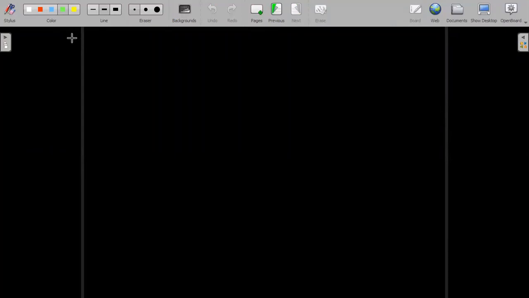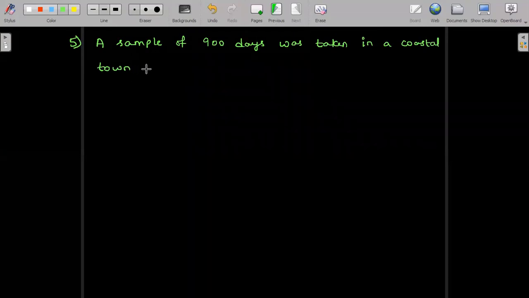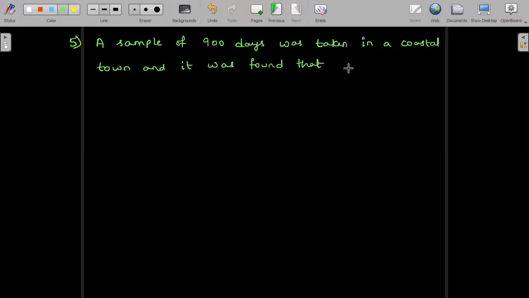Now we'll see one last problem. A sample of 900 days was taken in a coastal town and it was found that on 100 days the weather was very hot.